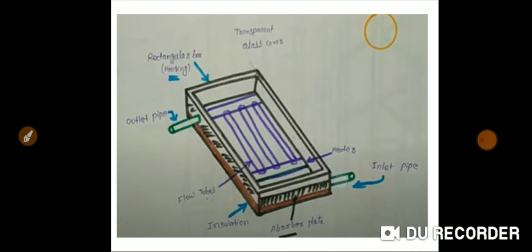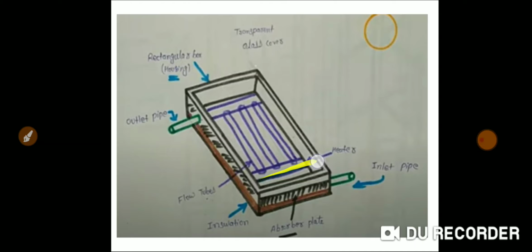Next is inlet pipe. This is inlet pipe. The cold water enters from this inlet pipe, and this is outlet pipe. The hot water comes out from this outlet pipe, and this rectangular box is called housing. Then this is called heater. There are two heaters provided in this solar plate collector.